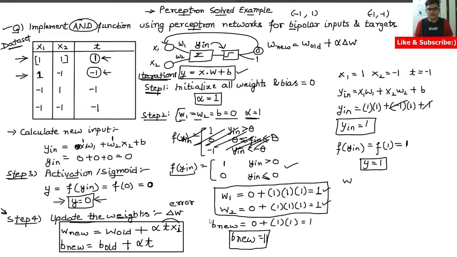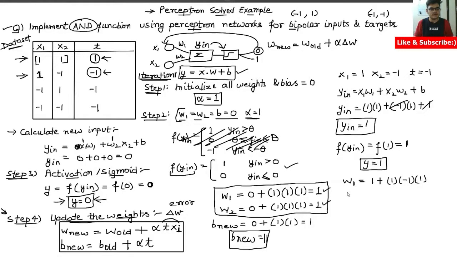I'm going to do all the steps here. W1 new will be equal to old W. The old weight was equal to 1, plus alpha, which remains the same, times target, which is now minus 1, and x1 is 1.